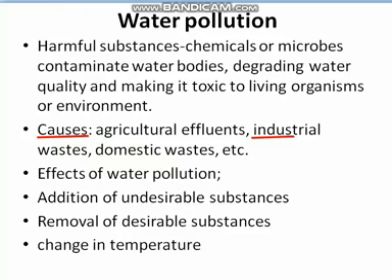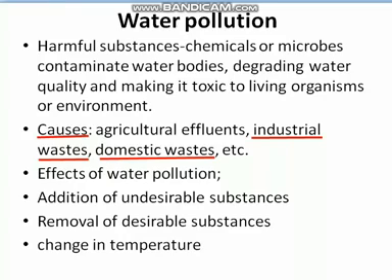Another important cause of water pollution is industrial wastes. There are different industries which directly introduce their wastes into the water bodies and directly contaminate, that's pollute, the water. And the other cause of water pollution is domestic wastes. These are those wastes which are produced inside our homes.